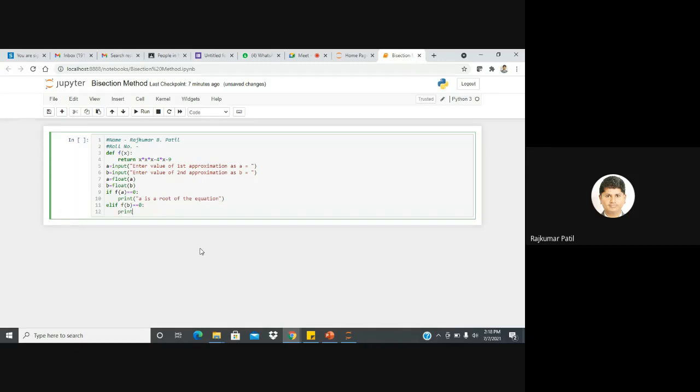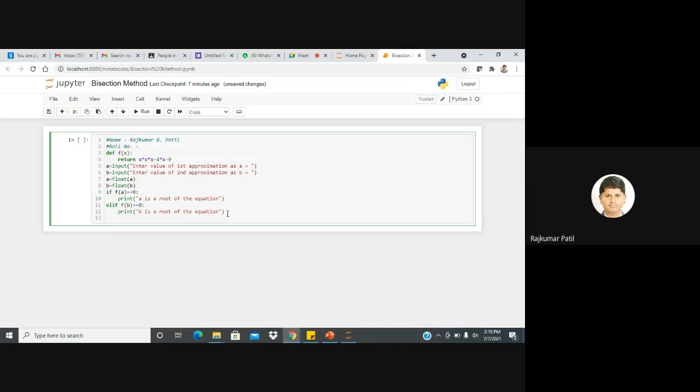Then we will print, and here we will write b is a root of the equation. So line number 11 and 12 will check whether f of b equal to 0. If this condition is true, then the output message will pop up, that is b is a root of the equation.